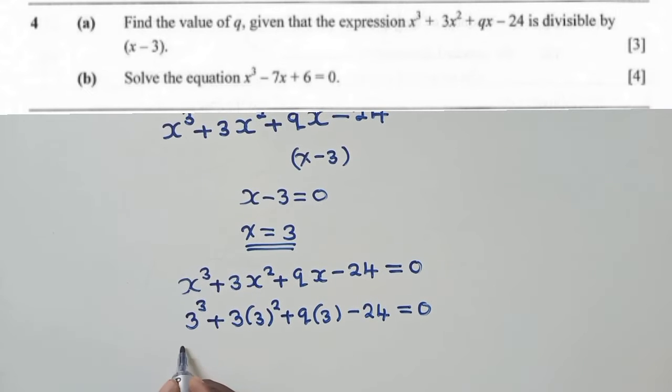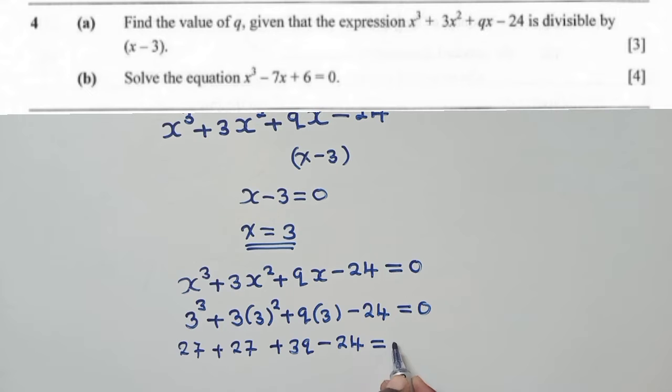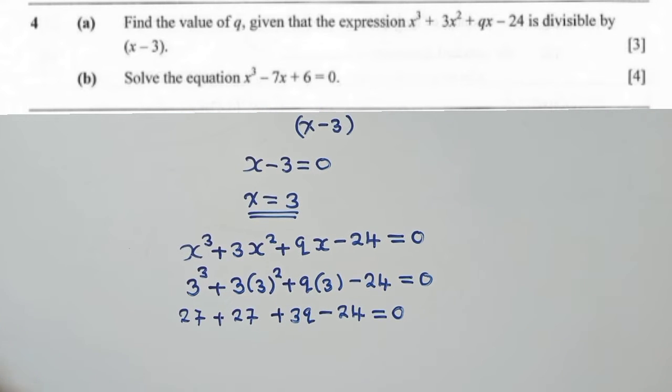So we shall get 27 here, plus 9 times 3 which is also 27 here, plus 3q minus 24 is equal to 0. At this point, we group the like terms.